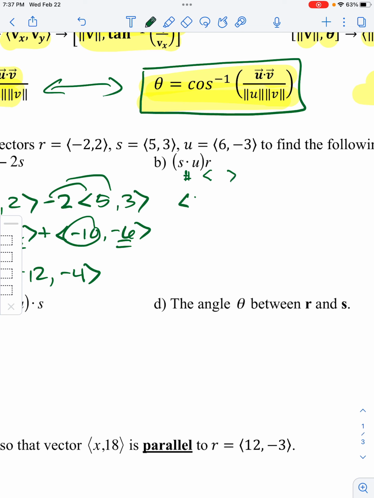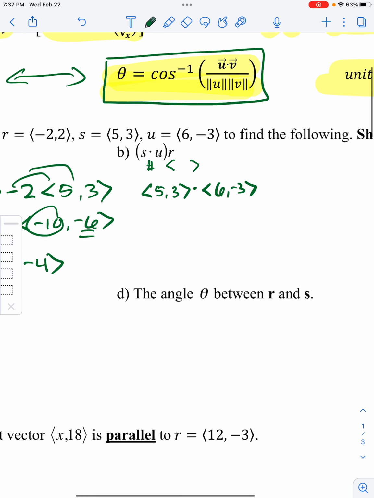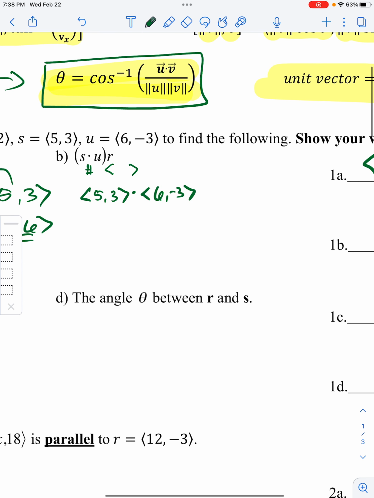So if I take S, 5, 3, and I do that dot product of S and U, not you personally, but vector U, that's going to give me a number. How does that work again? I'm going to be taking the x coordinate of each, multiplying them together, and then adding the product of the y's. And so here I'm going to have a 30, here a -9, so altogether 21.